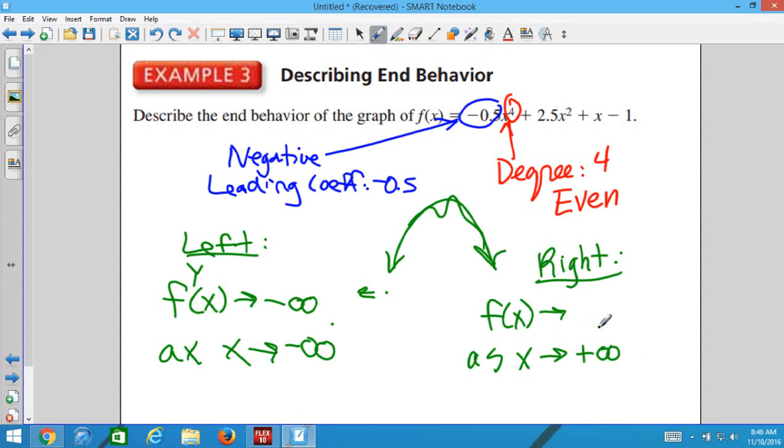That's how you always start it. So then you ask yourself, what is the graph doing on the right side? What are the y values doing on the right side? Down. So we say to negative infinity.